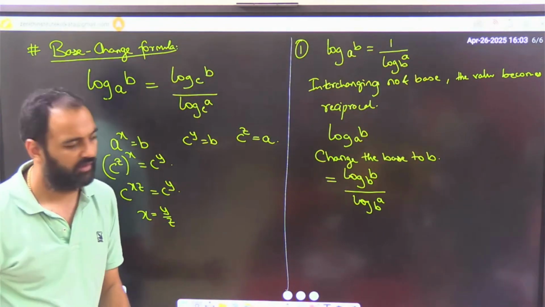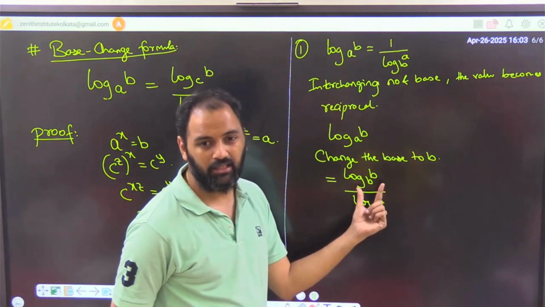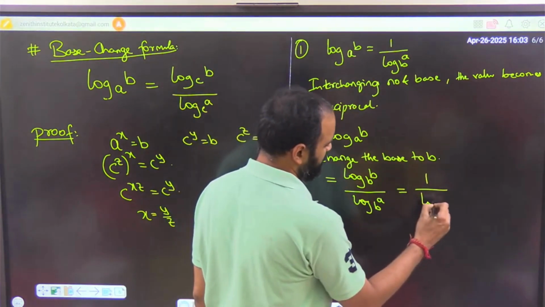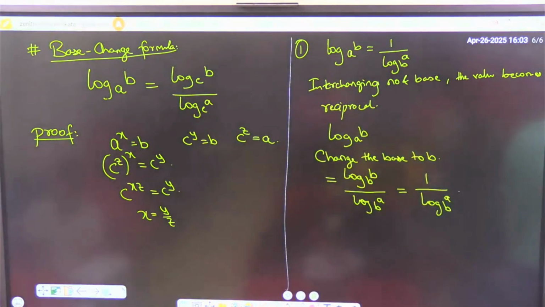But then, what is the value of log b to the base b? 1. So this is like saying 1 by log of a to the base b. So if we interchange the number and the base, what happens to the value? Reciprocal. The value will become reciprocal.